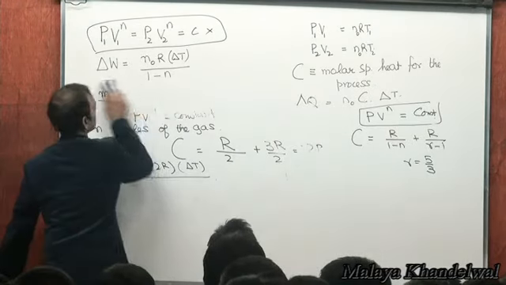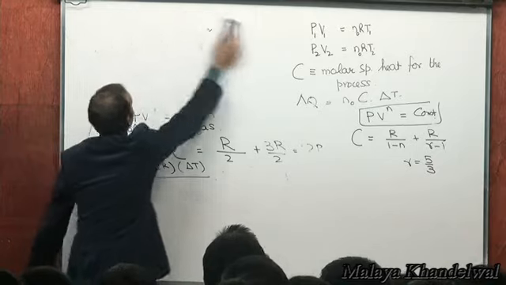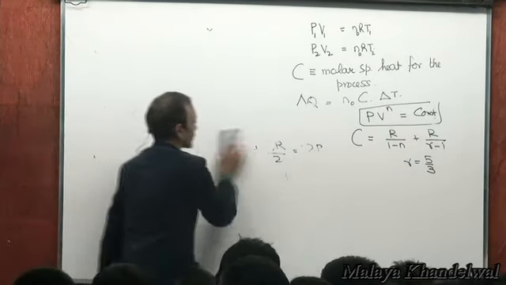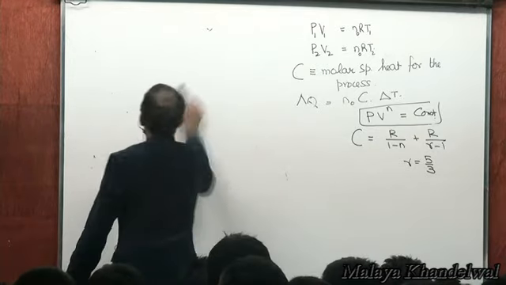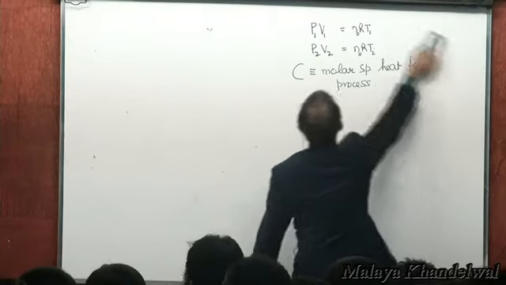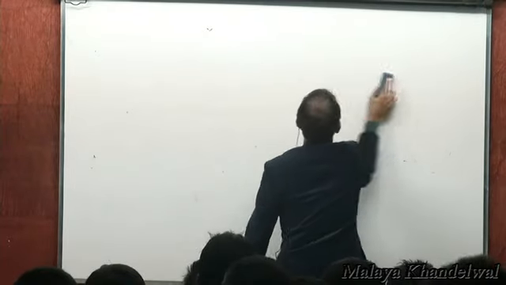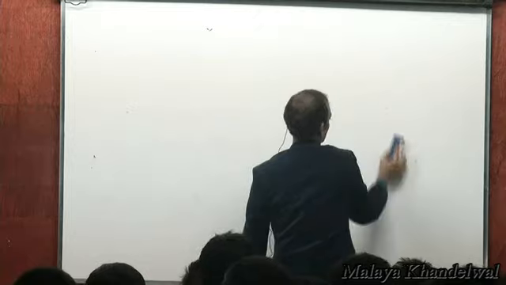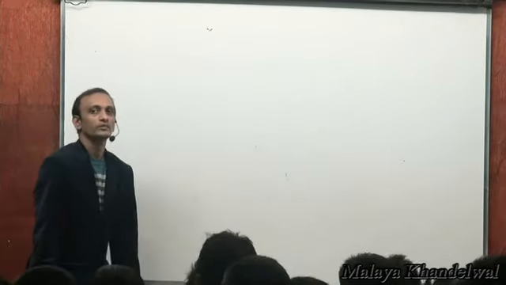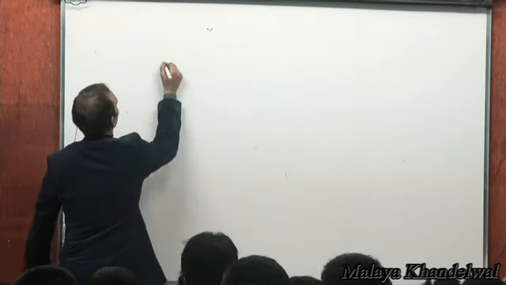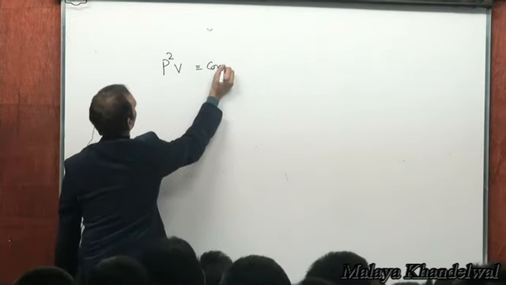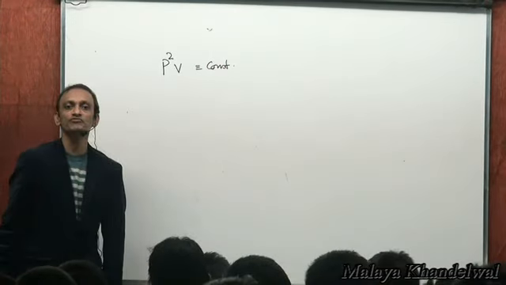Now, see, sometimes they may give you something like this. They may say there is a process like P squared V is constant, and you want to find C for the process.